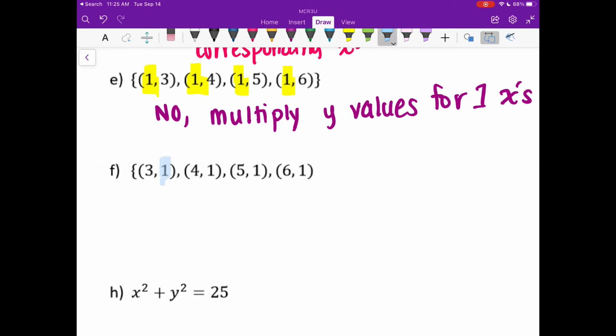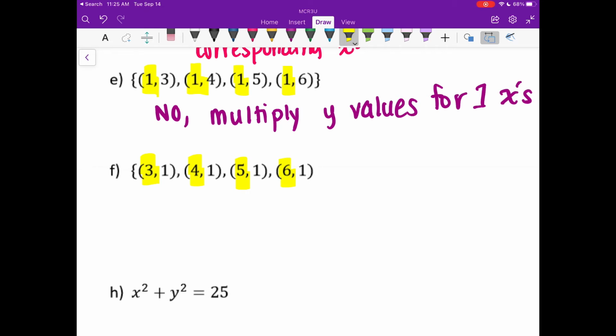So now if we go back down and look at this, you'll notice that they all have the same y value. But go and look at the x's. The x's are all different. This will pass the vertical line test because it's just a horizontal line, right? If you draw it out, it'll just be a horizontal line, which means that, yes, if you were to graph this one, it would pass the VLT.